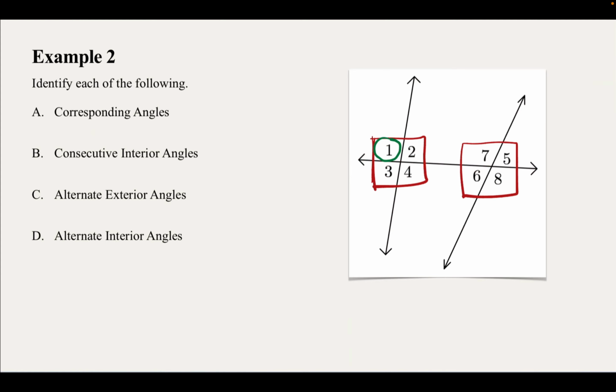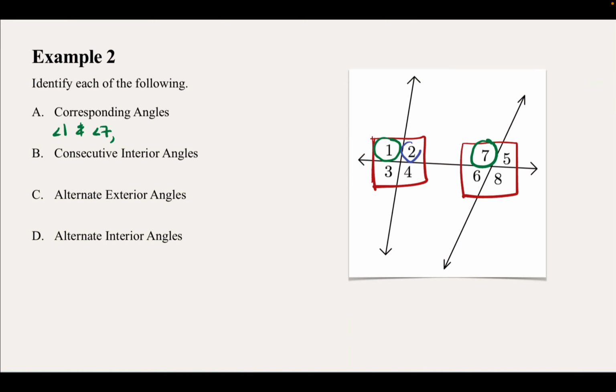If I want the angle that corresponds with that, I want to look at the angle that's in the same position but on the other line. Now my angle 1 there is in the top left corner of my box. So I'm going to look for the angle that is the top left corner of the box on the other line. So angle 1 and angle 7 is one pair of corresponding angles.